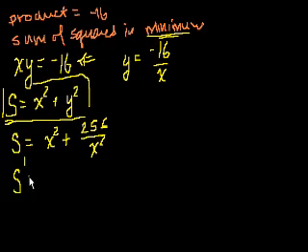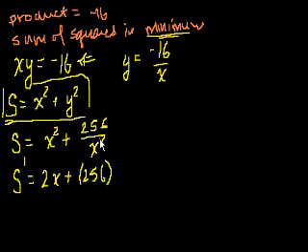So s prime is the slope of this function at any x. It's 2x plus, this is the same thing as 256 times x to the negative 2. So what will be the derivative?